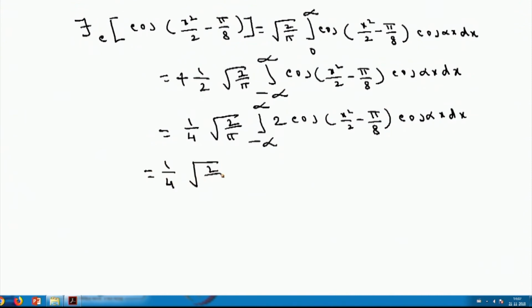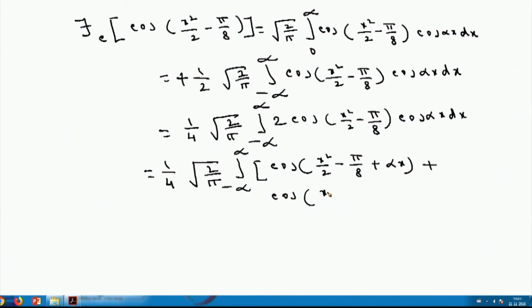So this equals 1 by 4 root over 2 by pi, minus infinity to infinity, using the trigonometric formula, you can write cos of x square by 2 minus pi by 8 plus alpha x, plus cos of x square by 2 minus pi by 8 minus alpha x, into dx.